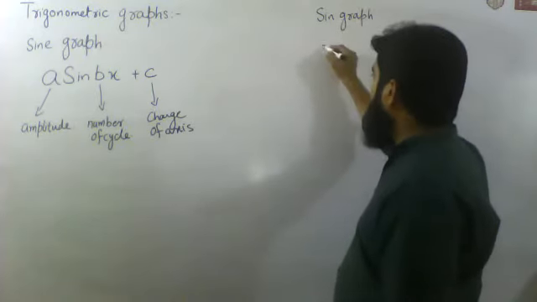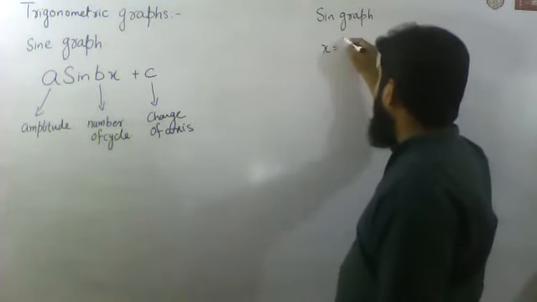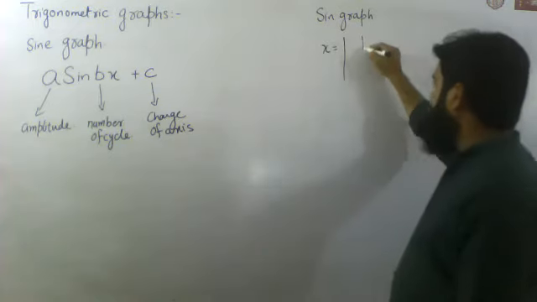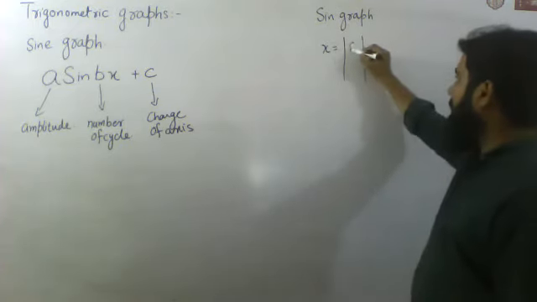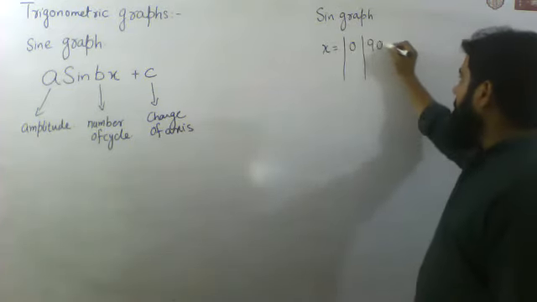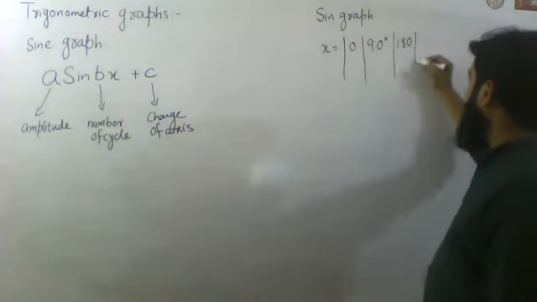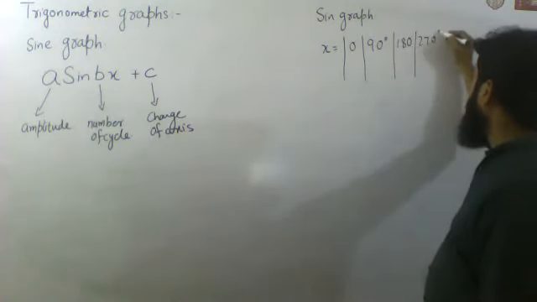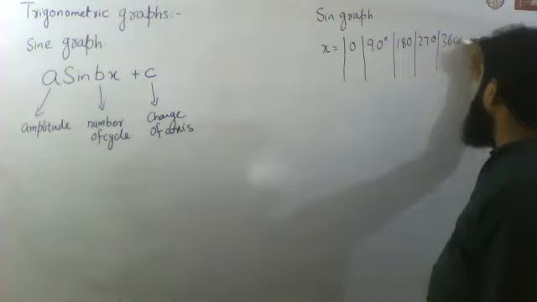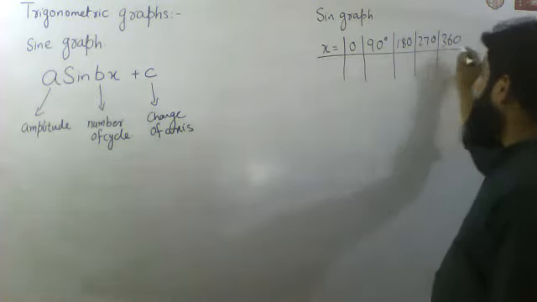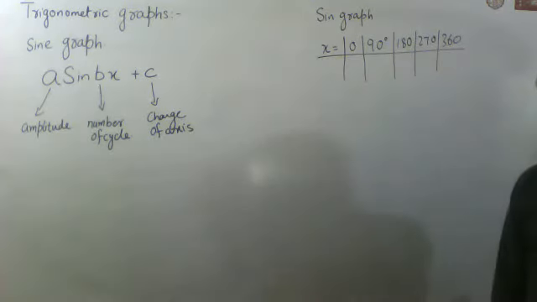First of all, make your table. You have to make a table of 5 values: 0, 90, 180, 270, 360. These 5 values you are going to use.